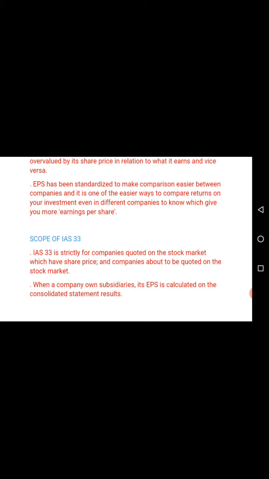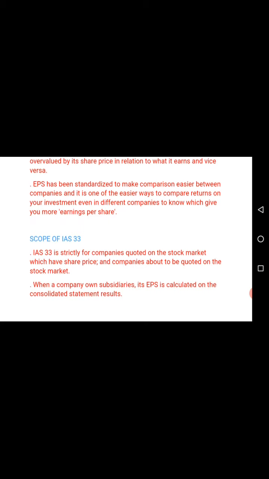Now IAS 33 has nothing to do with, say, one-man businesses or partnerships. It's strictly for companies quoted on the stock market that have a share price.